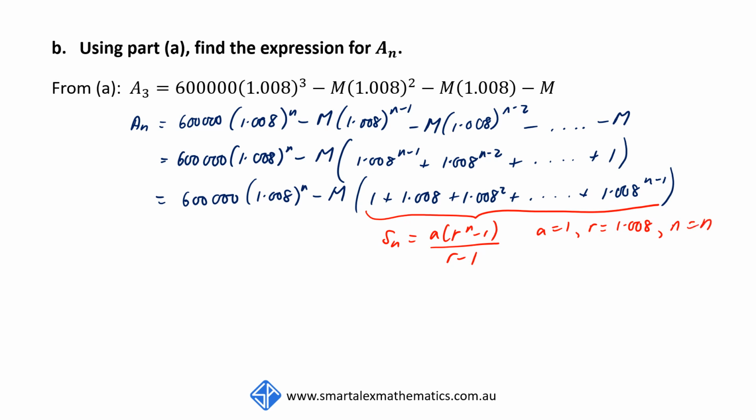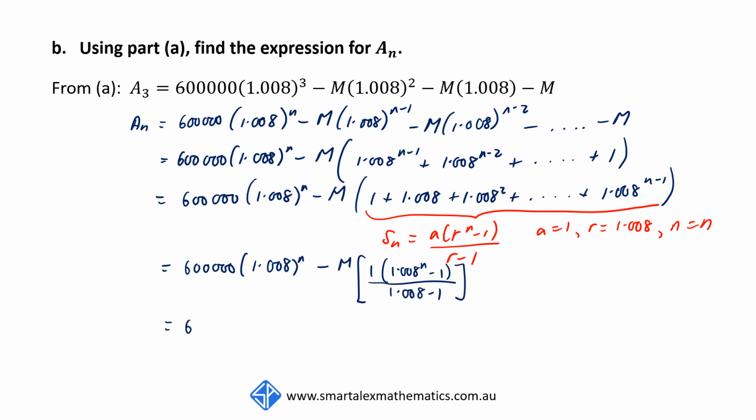Next, we're going to simplify this. So we have AN being equal to 600,000 times 1.008 to the N minus M, and then applying the series formula, we're going to get 1 times 1.008 to the N minus 1, divided by 1.008 minus 1.